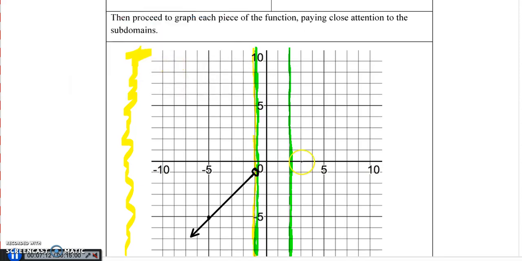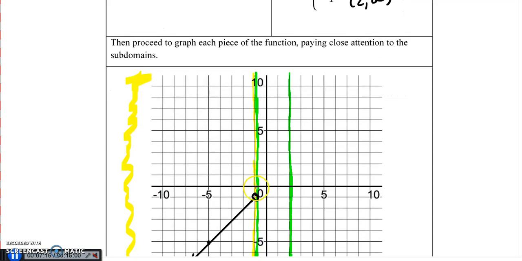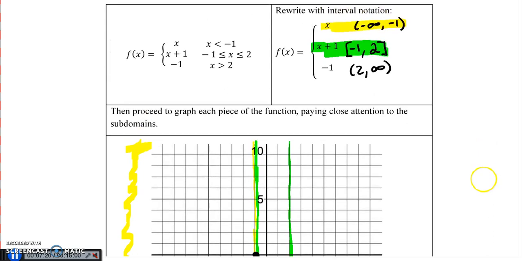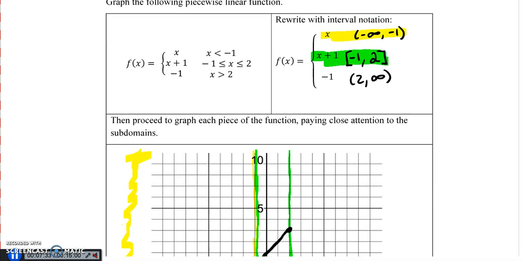So let's plug in -1. -1 plus 1 is 0, and that's a closed dot. 2 plus 1 is 3, going to be a dot there. And now we're going to connect those with another line. Closed dot.